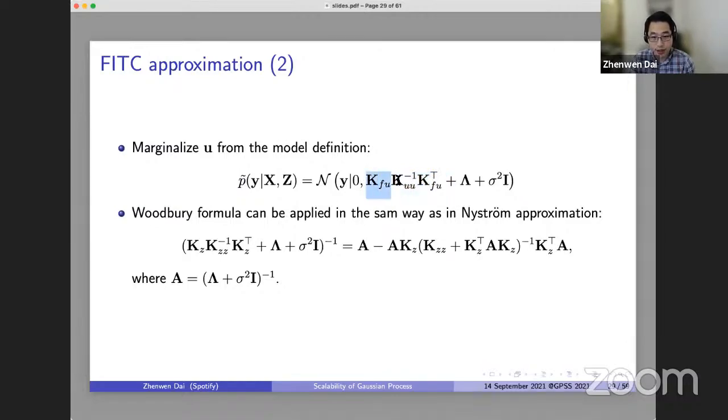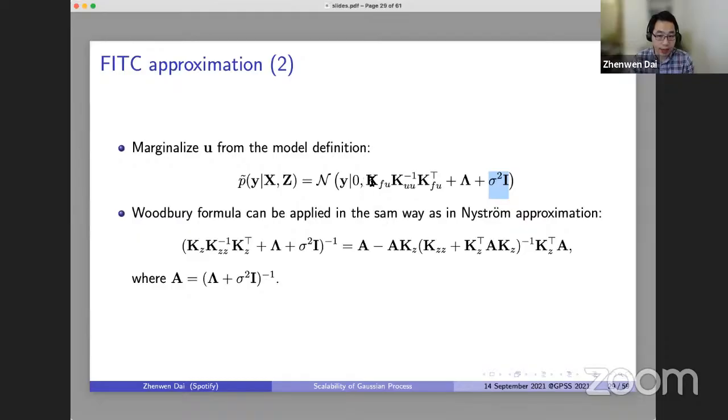This is almost the same formulation as the Nyström approximation. And here we have the diagonal entries coming from the FITC approximation of the conditional distribution, plus sigma squared I of the noise variance.